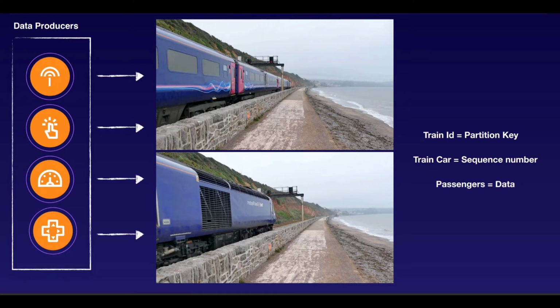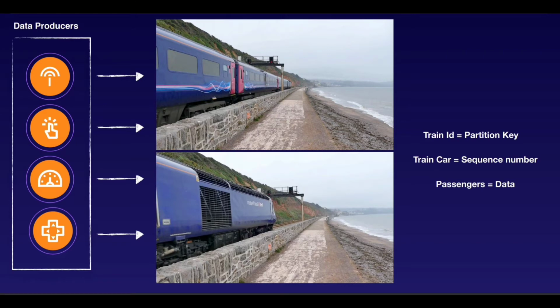Each cart on the train is considered the sequence number. So cart 1, cart 2, cart 3 would be the sequence numbers associated with the shard, and the actual passengers within the train are considered the data. This is just a quick little example of how I like to imagine shards in Kinesis Data Streams.